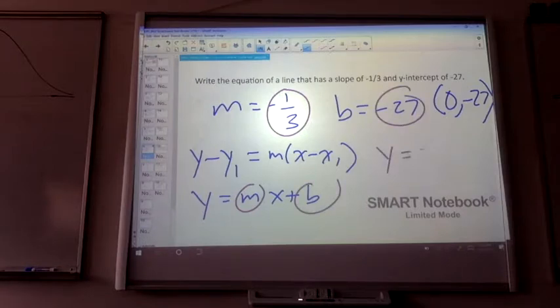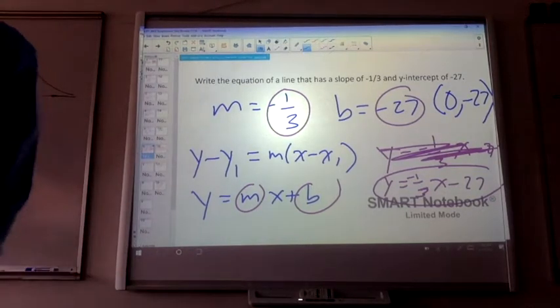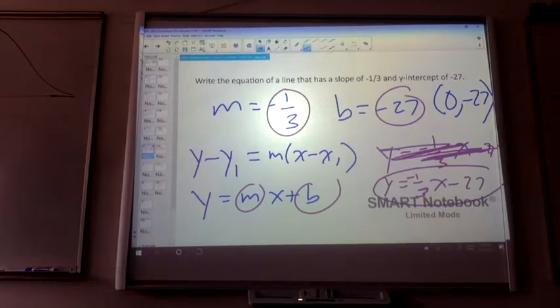So I get y equals negative 1/3 x minus 27. There's my equation. Does that seem okay? I will make sure you have point slope and slope-intercept form equations given to you.